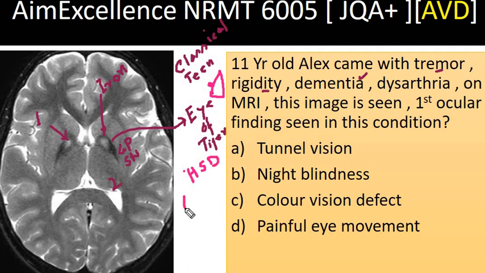Nowadays it is known as pantothenate kinase associated neurodegeneration. It is also known as neurodegeneration with brain iron accumulation 1.